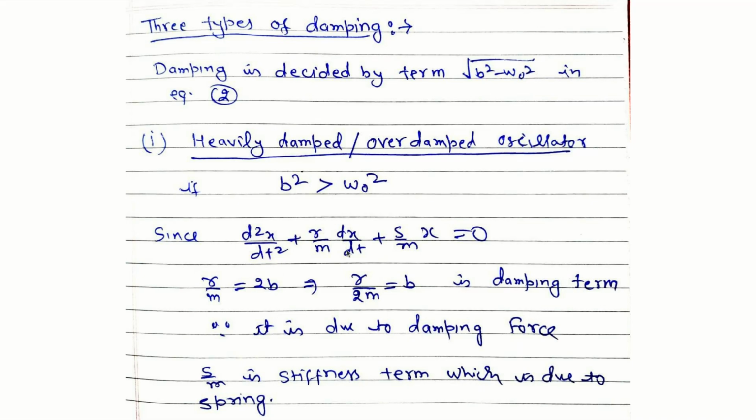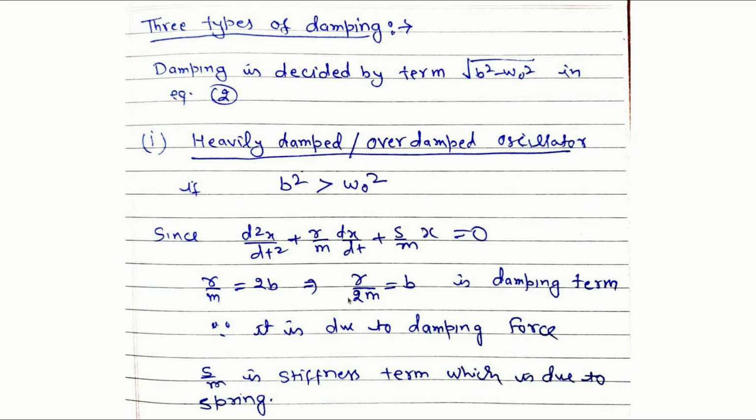If B is large, it means the damping force will be large. In that case, the oscillator will be a damped oscillator and its oscillation will die out very fast. So if B square, the damping term, is more than the stiffness term, this term will be more and this term will be less.